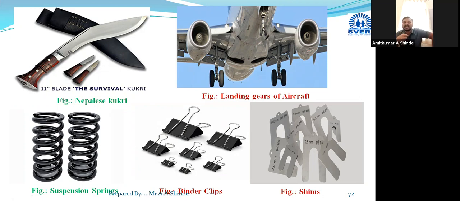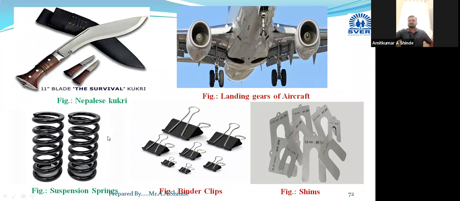It will be very easy to remember for you, that kukri which he is using. I forgot the film name, but you can easily remember that. Nepalese kukri is made up of spring steel. Here I have highlighted the picture. This is the Nepalese kukri.